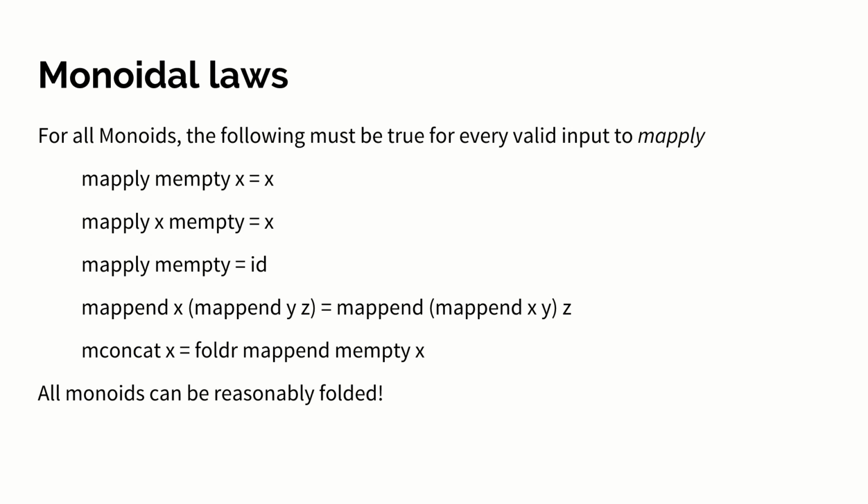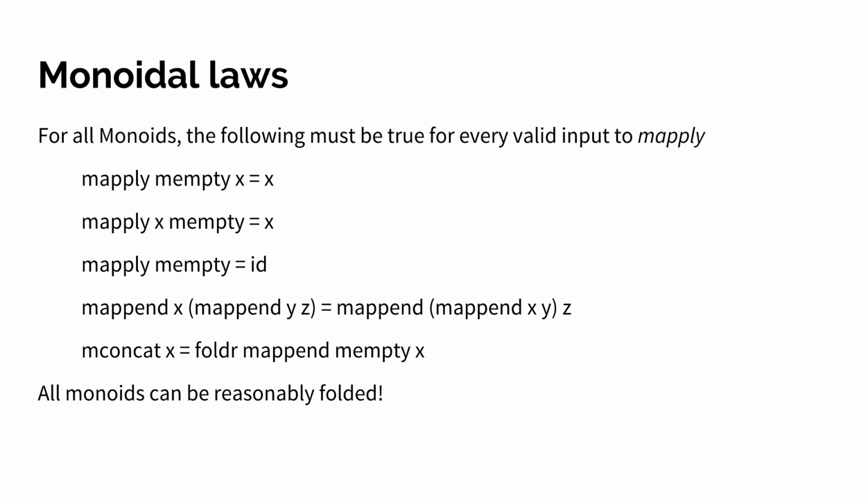The second to last rule here expresses the concept of associativity. All monoids must be fully associative, and thus mappend x (mappend y z) should be equal to mappend (mappend x y) z. And this last rule is actually more of a guarantee. Mconcat is a function that you're guaranteed to have when you have a valid monoid. Mconcat is equal to foldr mappend mempty.